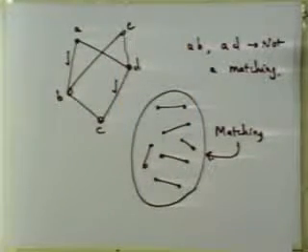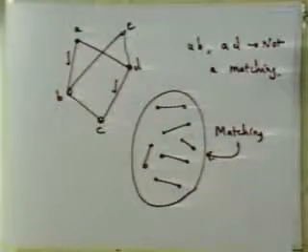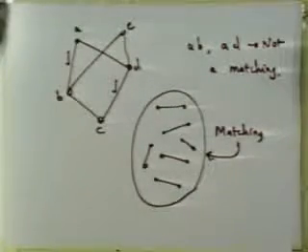Let's go back to this old graph of ours. Do you think this graph has a perfect matching? The answer is no. Well, there are 5 vertices. Okay, so if I take a matching with 2 edges, I can cover four of these vertices. I cannot cover 5, and I cannot take 3 edges because then 2 of these edges will share an endpoint.